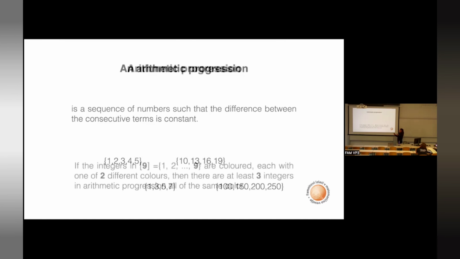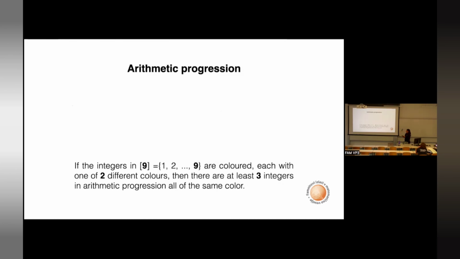And here, what is the example I want to see? If I have the numbers from 1 to 9, 1, 2, 3, 4 until 9, and I color them with 2 different colors, I can find 3 of them that are in arithmetic progression.